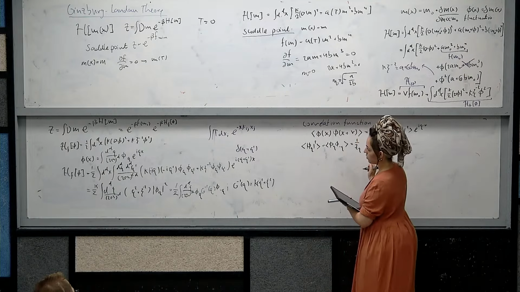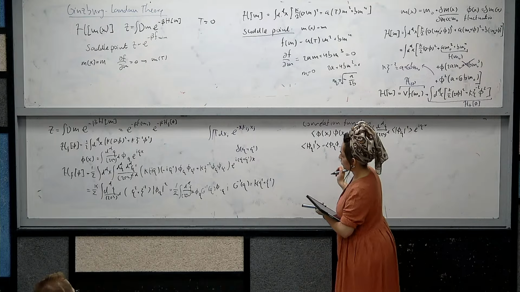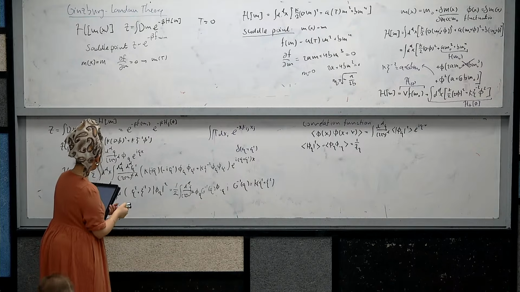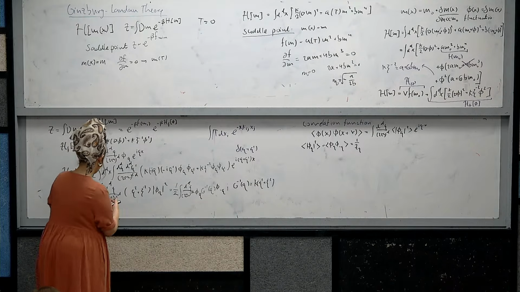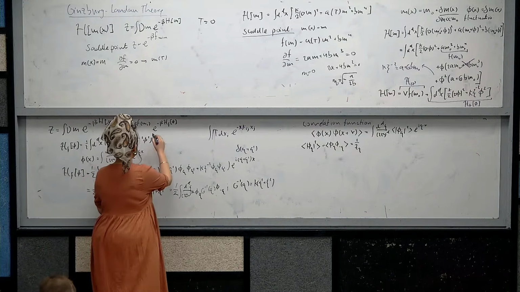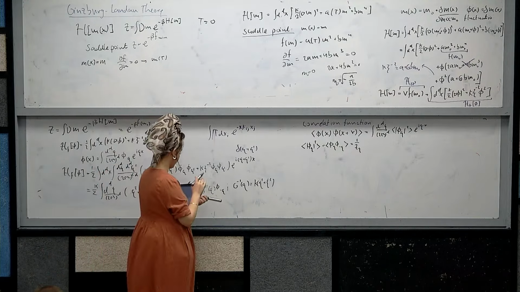So it's 1 over the q. Let me write the q. Okay, this is the q. No, okay, sorry.